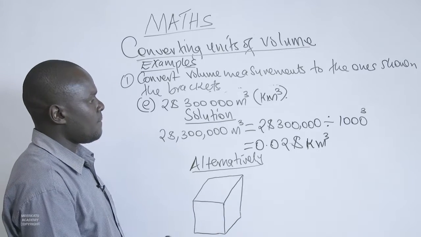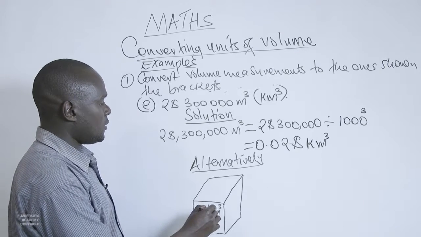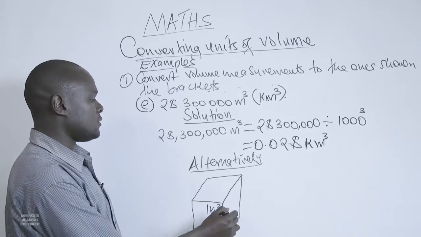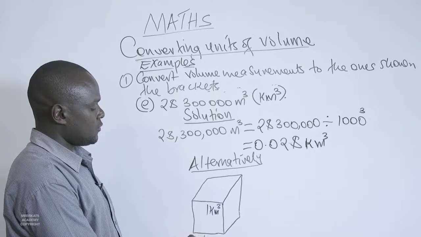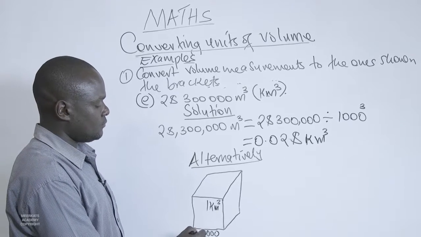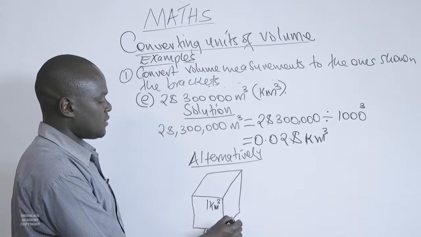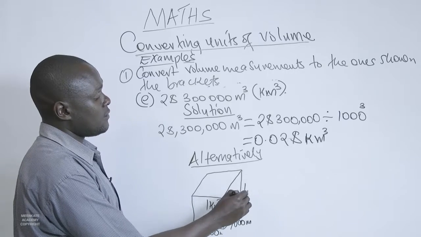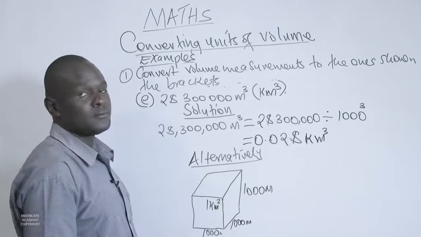So if this was 1 cubic kilometer, it means the length is a kilometer, the width is a kilometer, and even the height is a kilometer. This is the same as 1,000 meters, and even the height is equivalent to 1,000 meters.